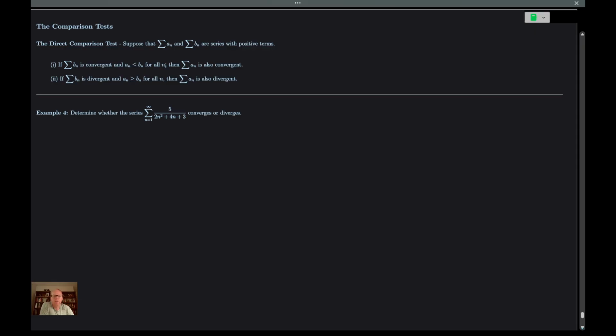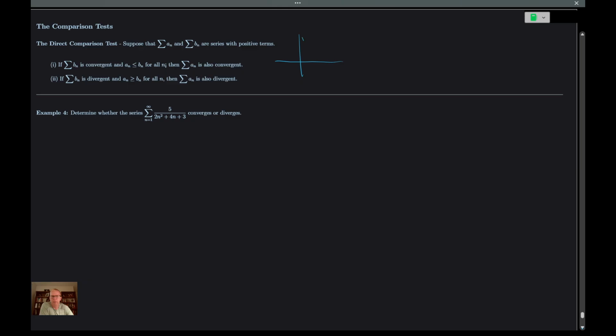So if we have a series A and a series B, if B converges and A is less than B for all n, then A also converges. And then the other way, if B diverges and A is greater than B for all n, then A is going to diverge.